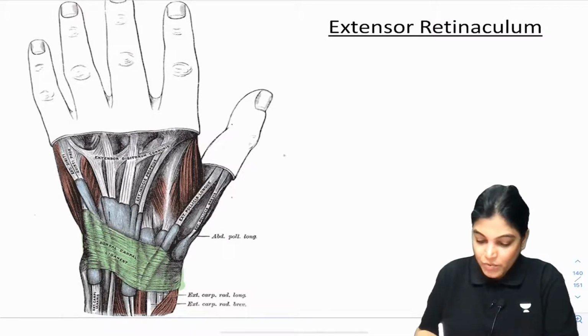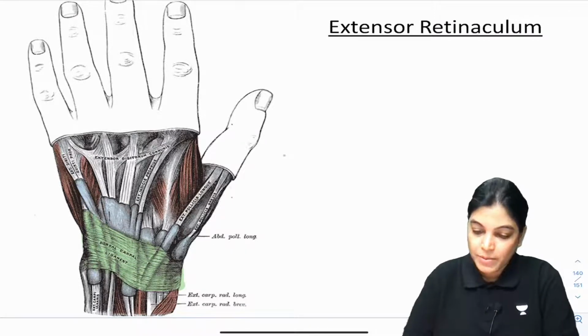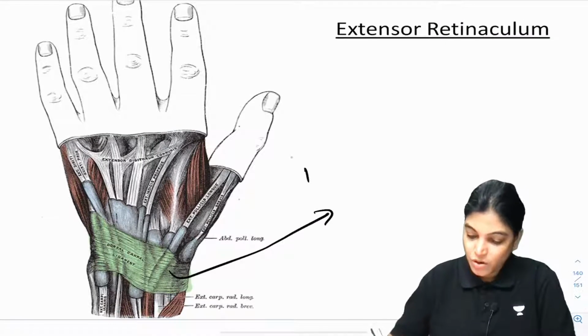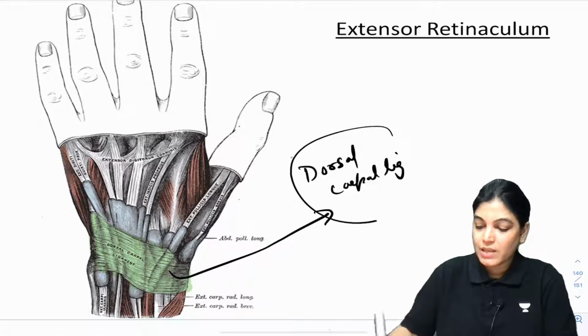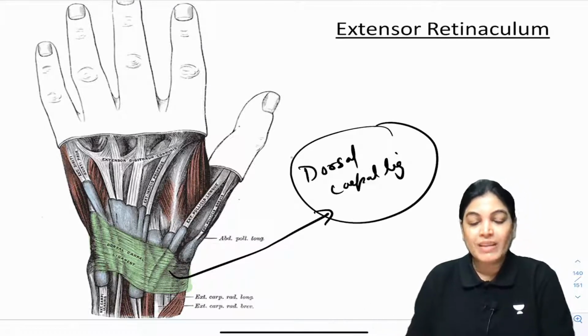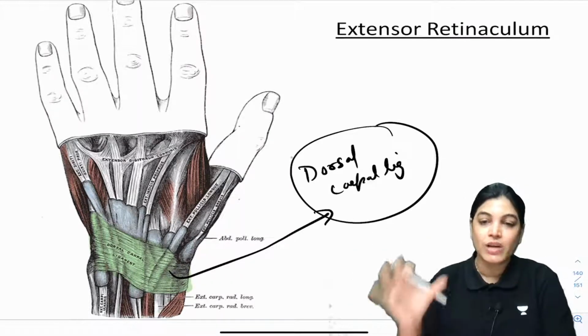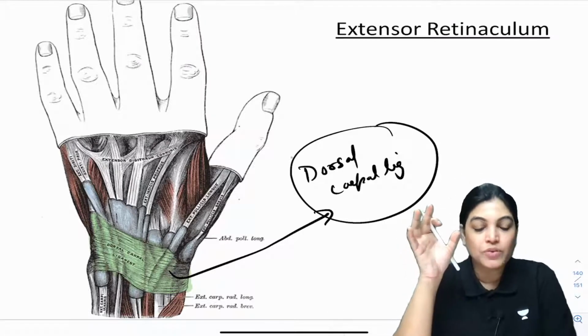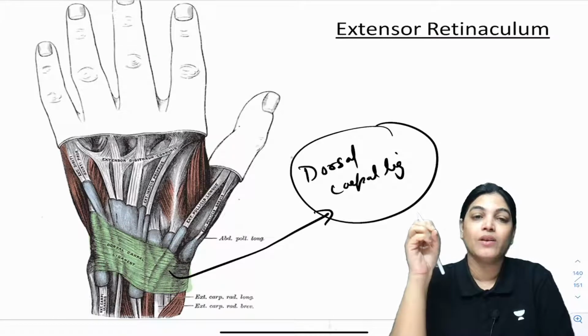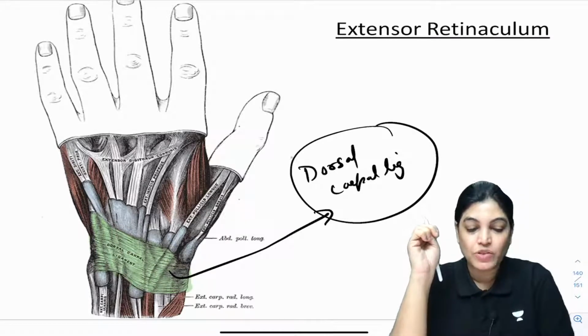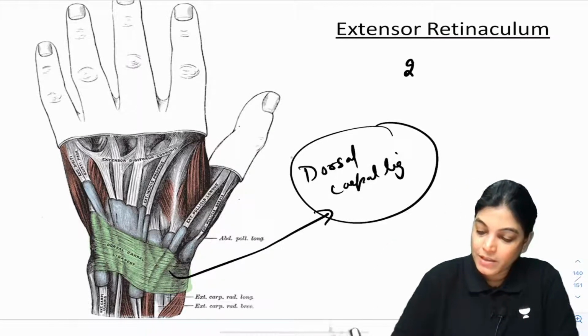It is a modification of deep fascia, thickened to form an oblique fibrous band on the back of the wrist.